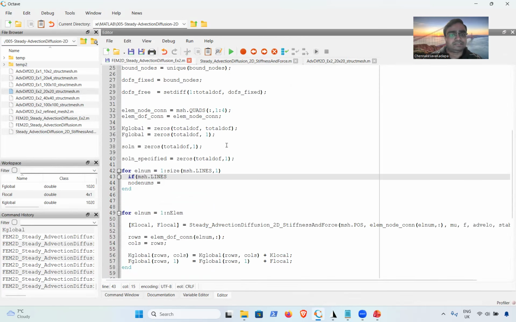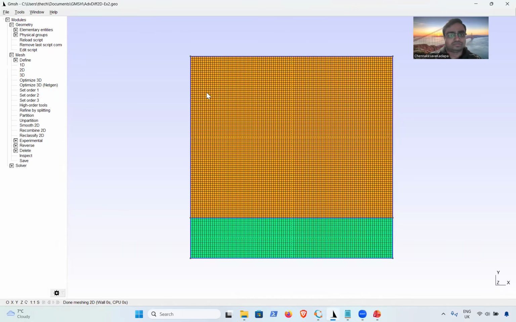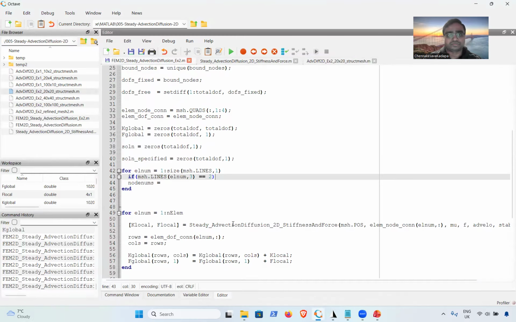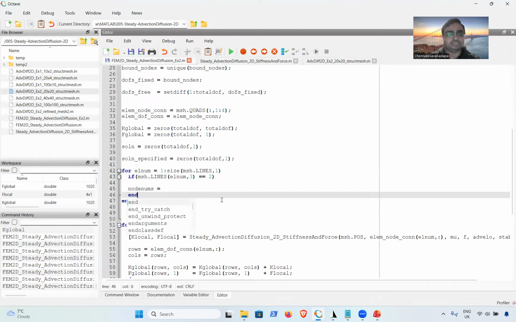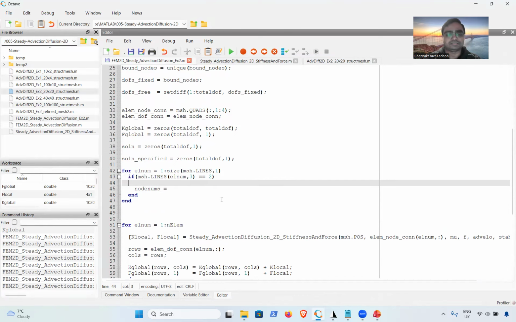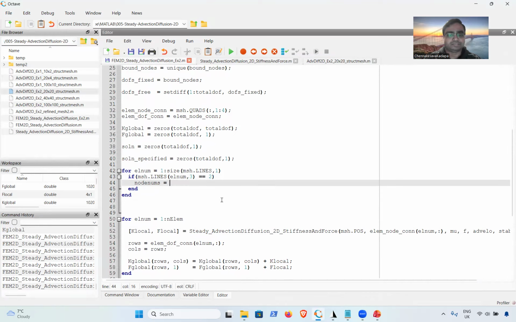So we check the third value, and if it is 2, remember, for this boundary the flag is 2, then we need to do some calculations. Then for these boundaries we get node numbers.